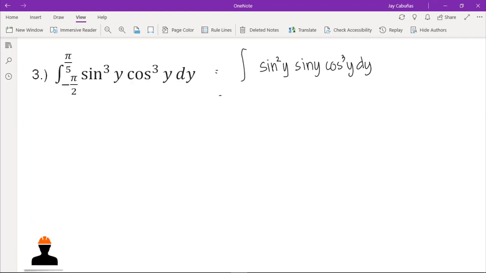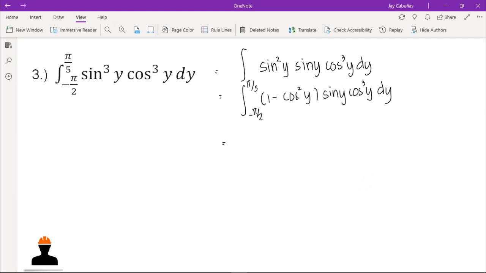Now take note, sine squared y here could be changed into its trigonometric identity, that is 1 minus cosine squared y. Then we copy the other function, that is sine y cosine cube y dy. Then we have the limit from negative pi over 2 to pi over 5.